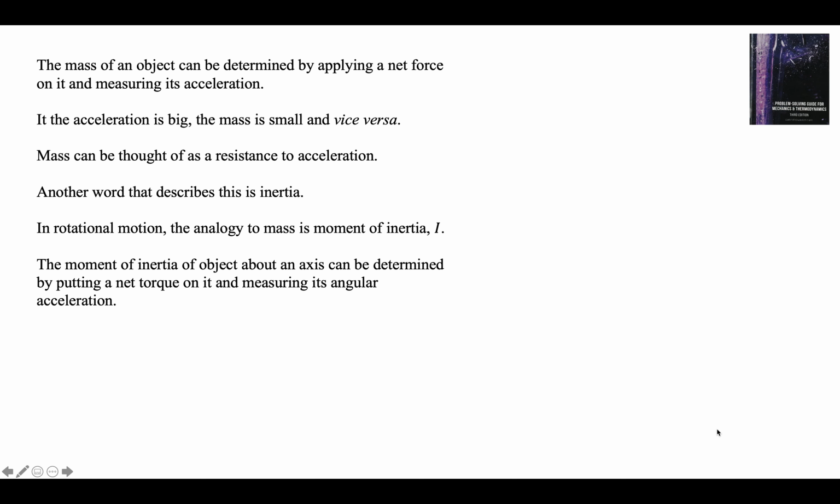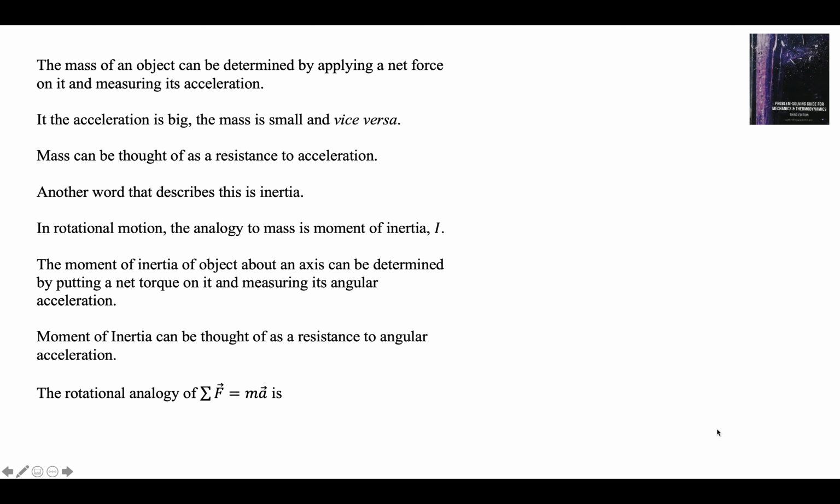The moment of inertia of an object can be determined by just torquing it and seeing how much it accelerates. If it starts to spin fast, the moment of inertia is low. If you put a torque on it and it has a very small angular acceleration, it must have a big moment of inertia. So moment of inertia is the resistance to angular acceleration.